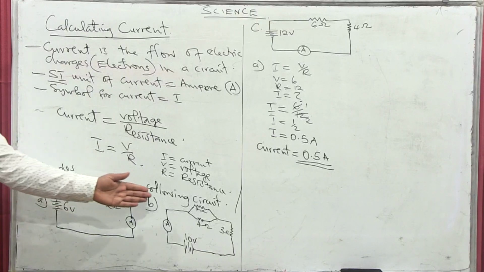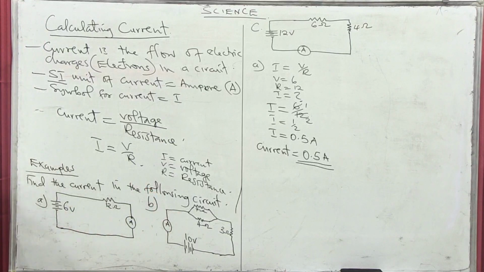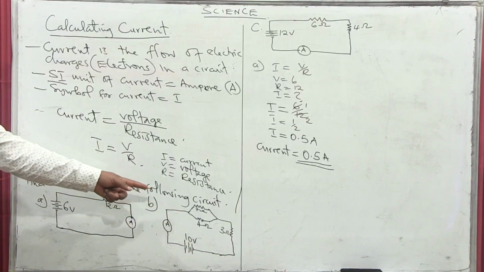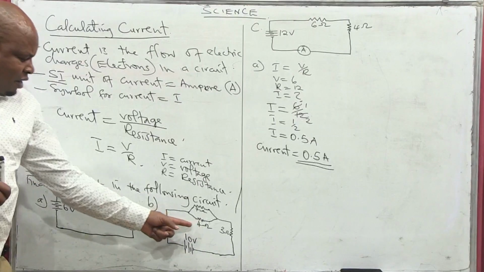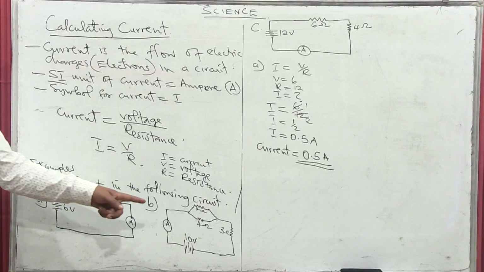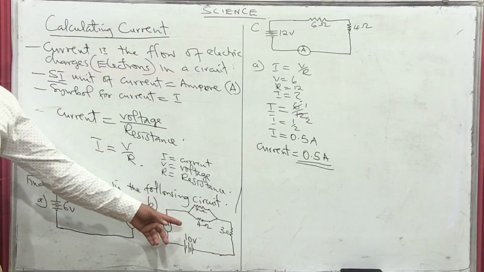Also, you are supposed to find the value of current in our second figure. But before we begin, you have to be very keen here. This figure is very much different from the first one. Why? Let us try to study our second figure.